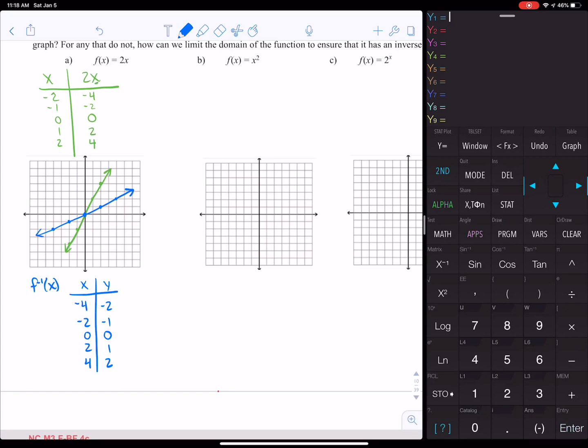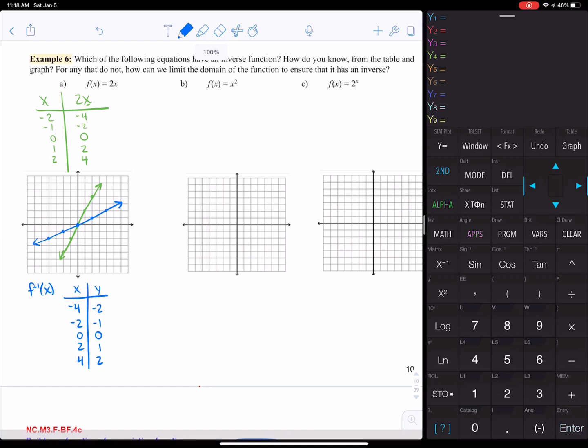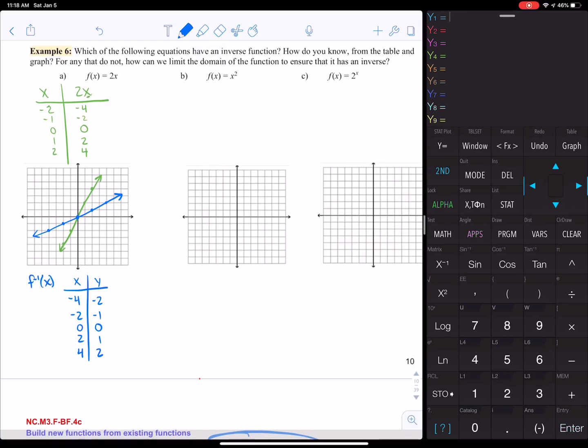And it's asking us how do you know from the table and the graph if it's a function? We're looking at the inverse still. We check to see, does each x have a unique y value? So -4 is with -2, and we can't tell anywhere else that it's paired up with another number. -2 goes with -1. All of them have a unique y.